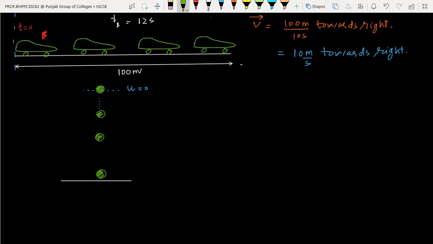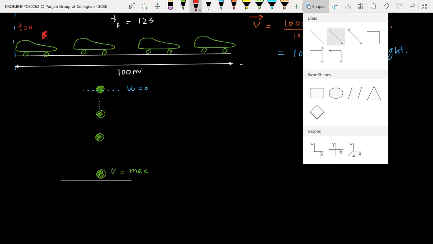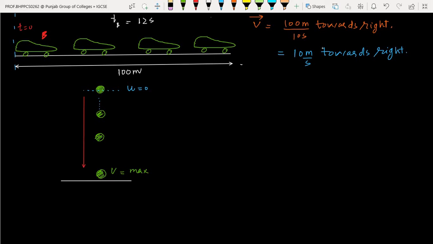Just before striking the ground, its final speed will be the maximum. In higher grades we will understand the formula to compute this value. The direction of its velocity is this, but at any moment we can calculate the speed by simply dividing the distance covered by the time taken. So this is the example.